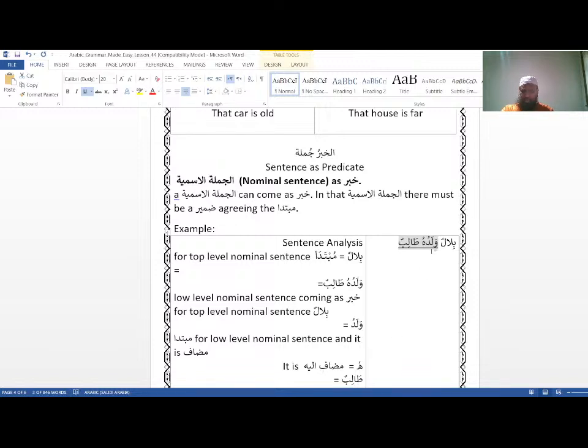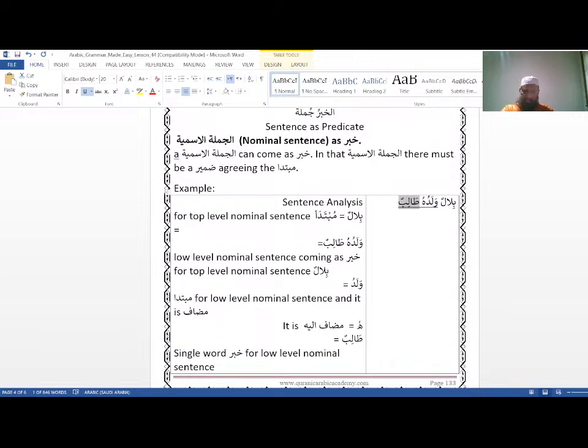So mudaf and mudaf ilayhi will become the mubtada. Talibun will be the khabar, a single word. Now we have mubtada and khabar, which will become a jumla ismiya, then will become a khabar of Bilal.